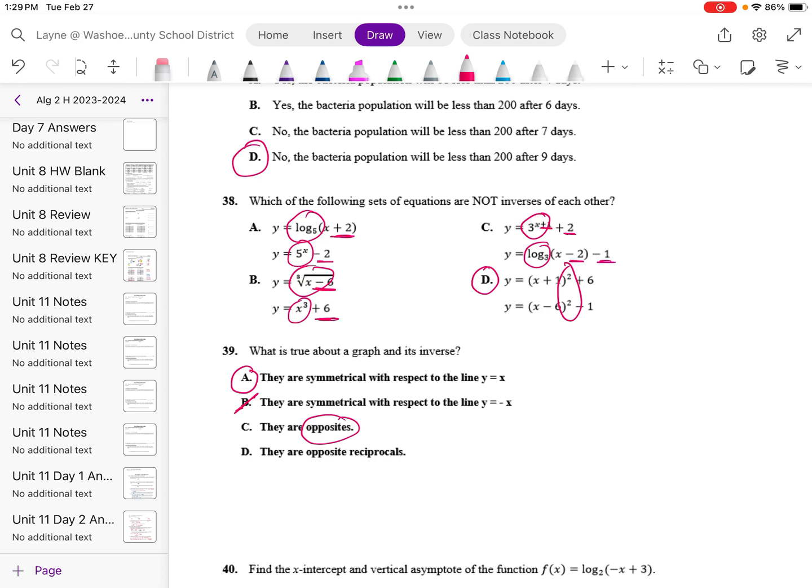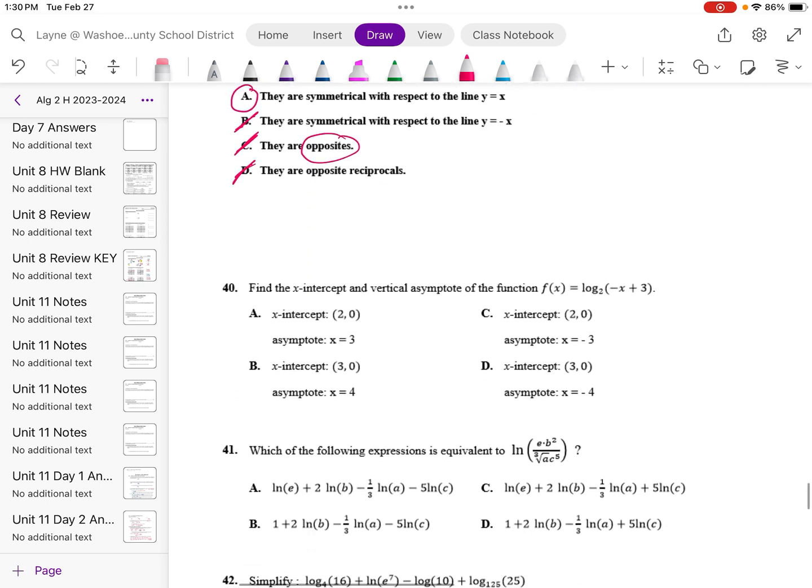So just because they're opposites doesn't mean they're inverses. And they are opposite reciprocals? No, it doesn't mean that either. It means that they are symmetrical with respect to the line y equals x, or it means if you switch x and y, you'll get an inverse. All right, moving on.